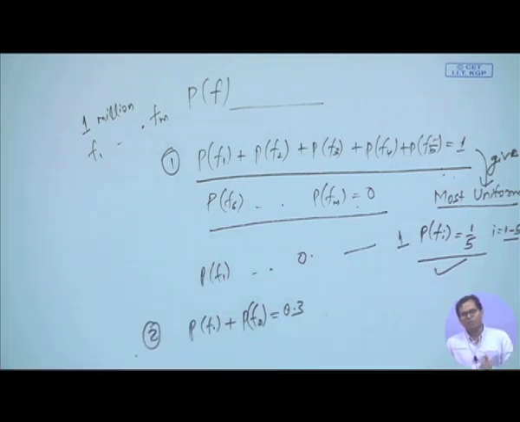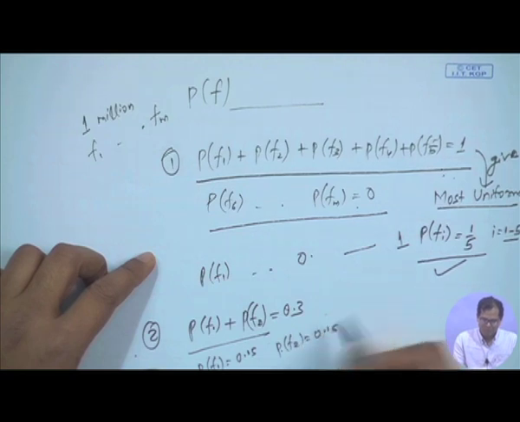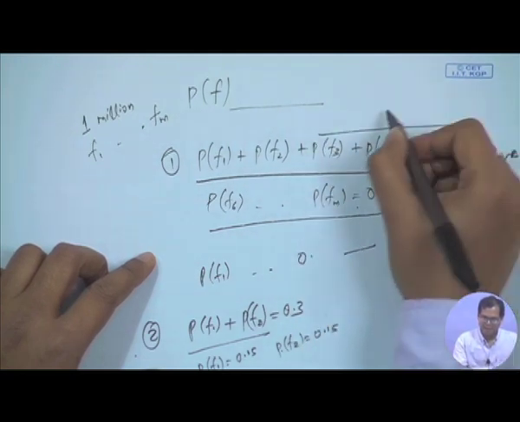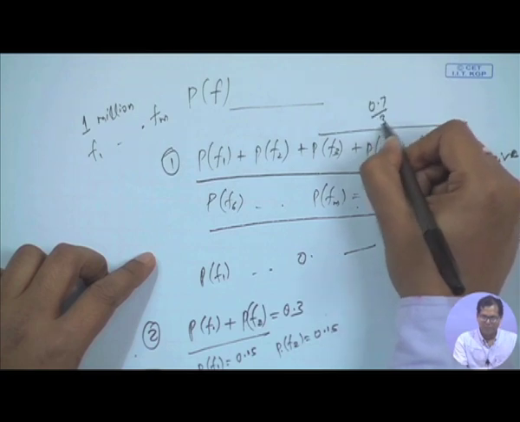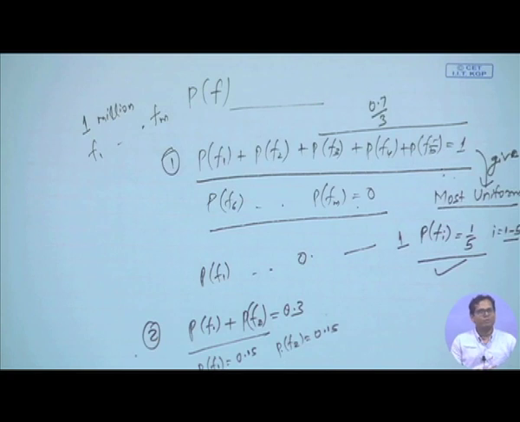Given these two constraints, what will be the most uniform model? If you just take a quick look, you can see that the most uniform model will be P(f1) equal to 0.15, P(f2) equal to 0.15, and F3, F4, F5 each will get 0.7 divided by 3. That will satisfy both constraints. This will be the most uniform model.